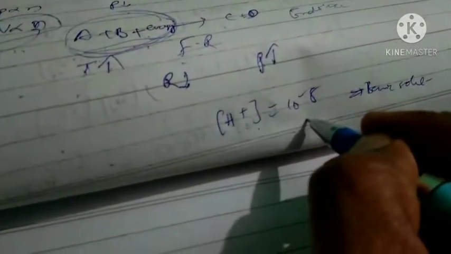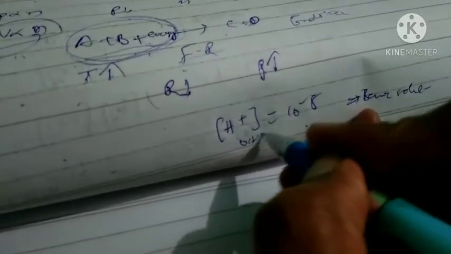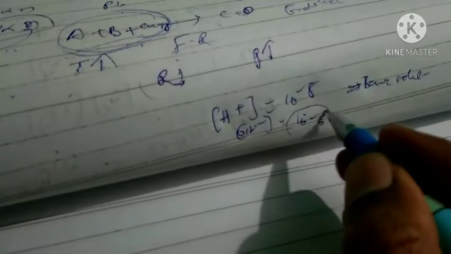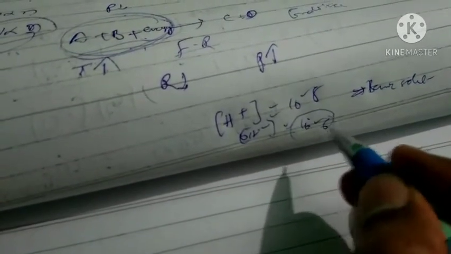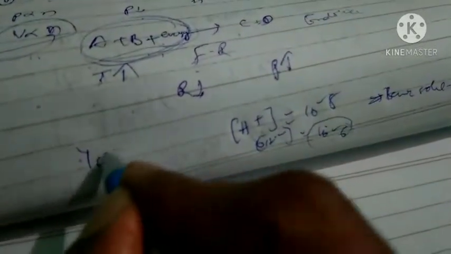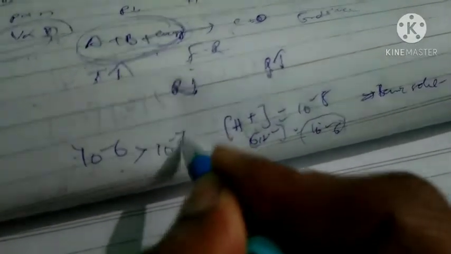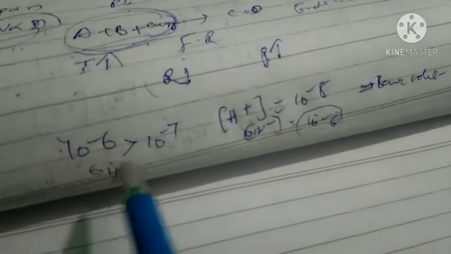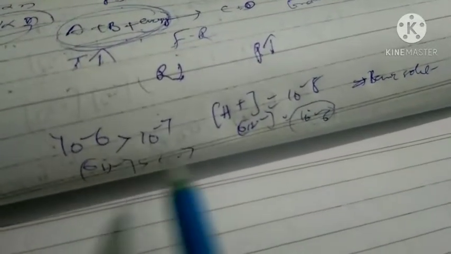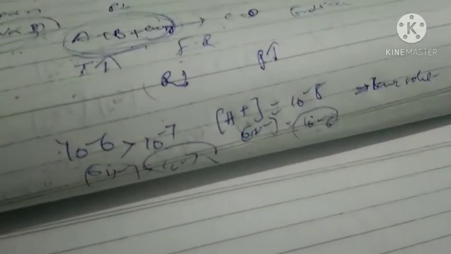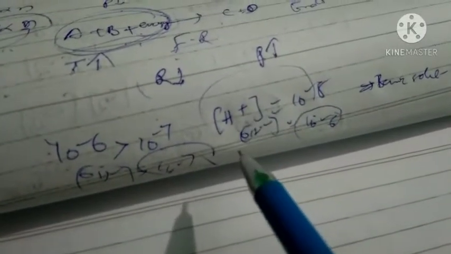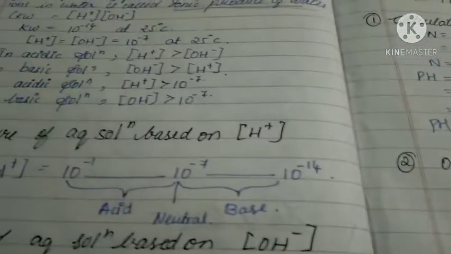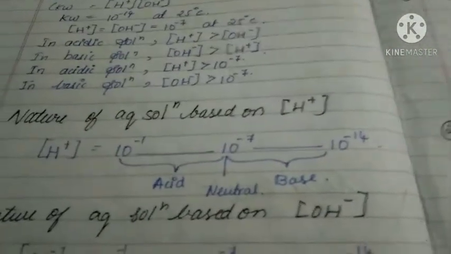If H plus is 10 to the power of minus 8, automatically OH minus is 10 to the power of minus 6. 10 to the power of minus 6 is obviously more than 10 to the power of minus 7. Automatically, this OH minus concentration is greater than 10 to the power of minus 7. That means that is a basic solution. That means by using H plus concentration or OH minus concentration, we can say whether the solution is acid or base. Next point.